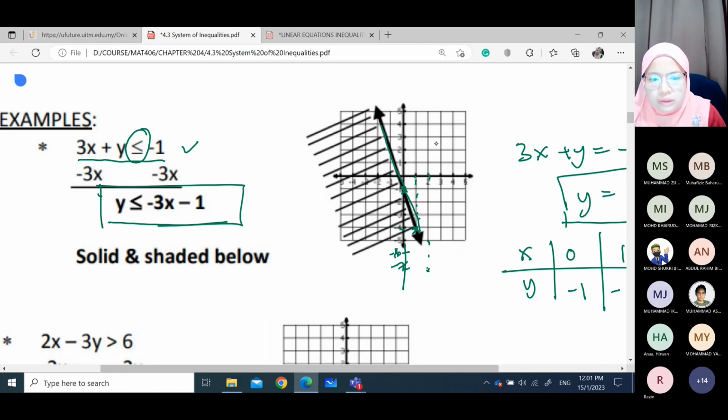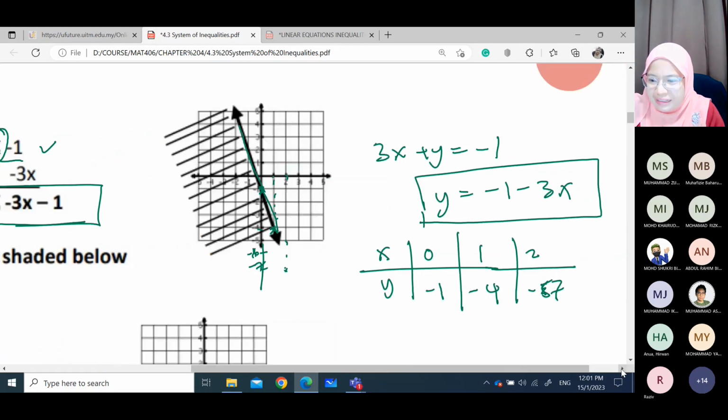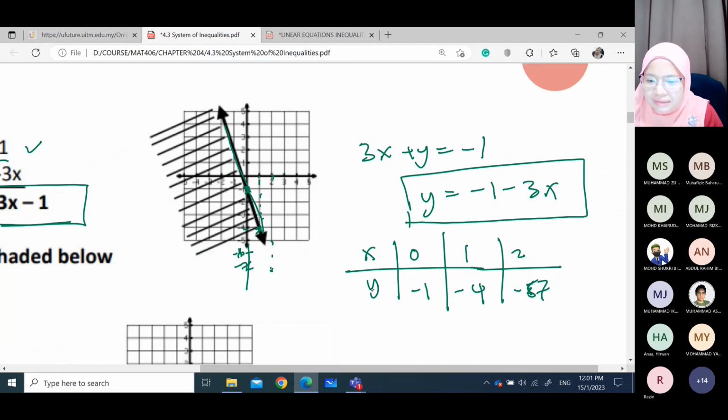So kita tengok dekat sini, y is less than negative 3x minus 1. So apa maksudnya? So nilai-nilai y ini sentiasa kurang. Kurang ke lebih? Sentiasa lebih kecil, less than.